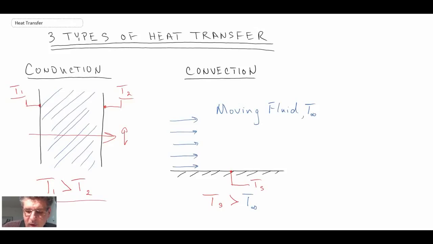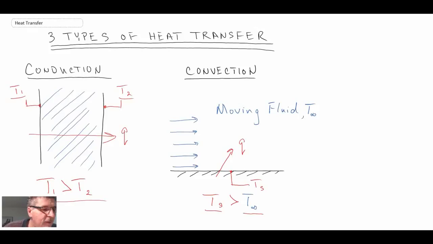You could have the solid hotter or cooler than the fluid. But in this case, the solid is hotter than the fluid temperature. So heat would flow from the solid out into the fluid, and we would draw our convective heat transfer going in the direction into the fluid. So in this case, the solid would be heating the fluid.